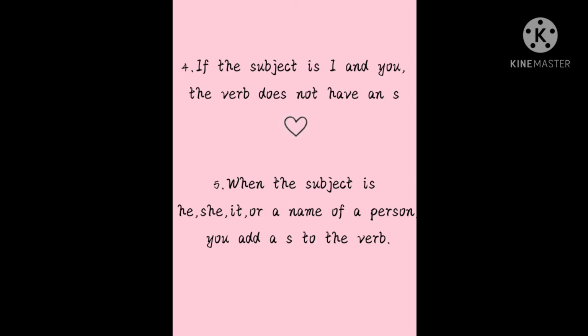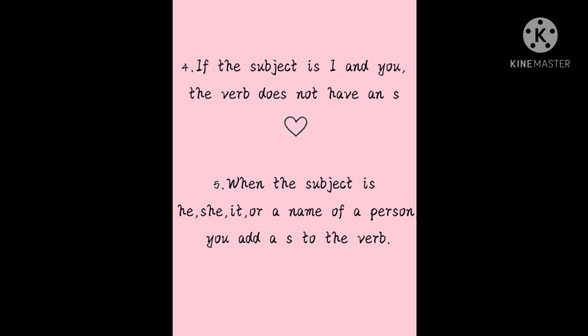And lastly, when the subject is he, she, it, or a name of a person, that's the time you add an S. For example, she makes me happy. The subject is she, then as the rule said, verbs should have an S. Then the verb is makes.